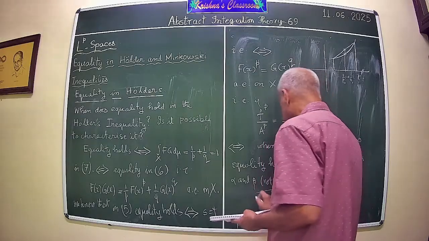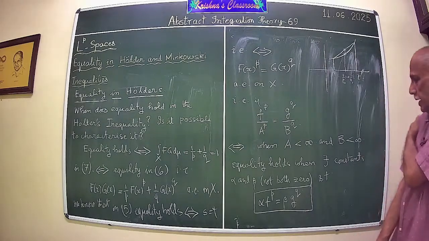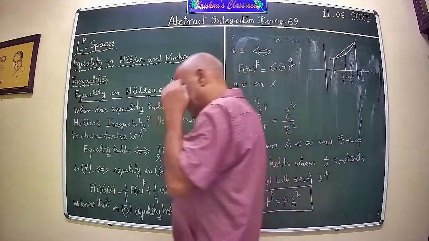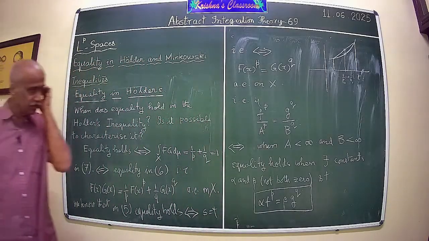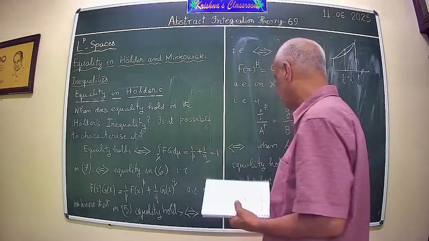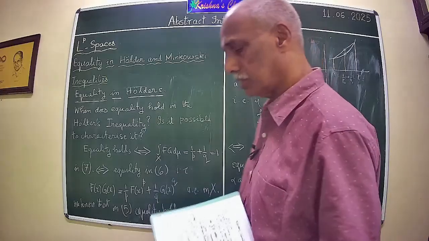So that is the condition for this. So f to the power p and g to the power q are linearly dependent with positive constants or through a relation of this kind. Okay, so this is the criteria for equality in Holder.